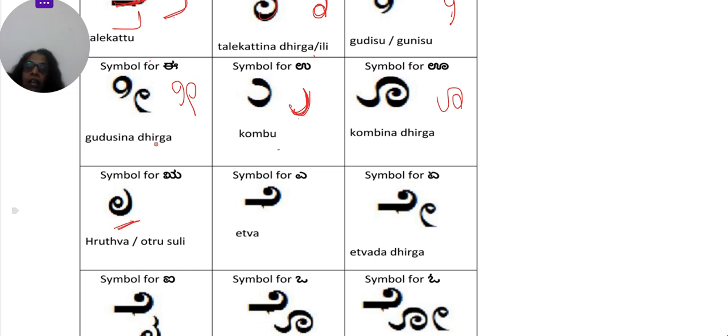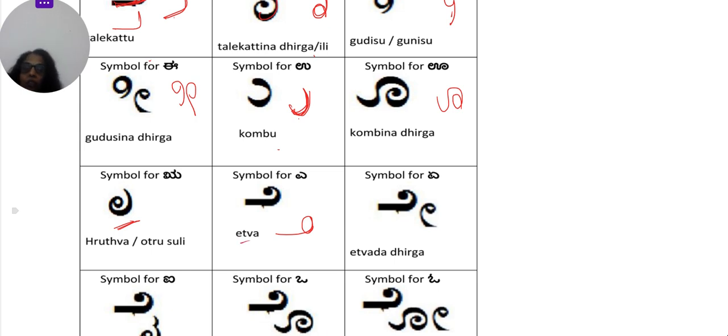Then the symbol of E, you have to write like a Talekattu but just curl it in. So the symbol for E is, you write Talekattu like this, right? This last thing, you just have to curl it up inside. Then it becomes Etva.